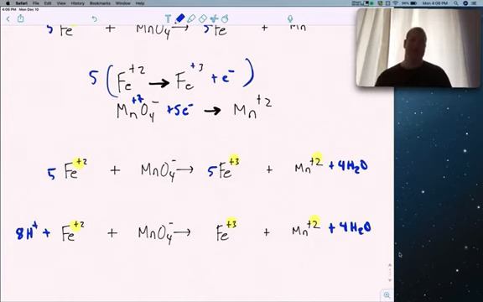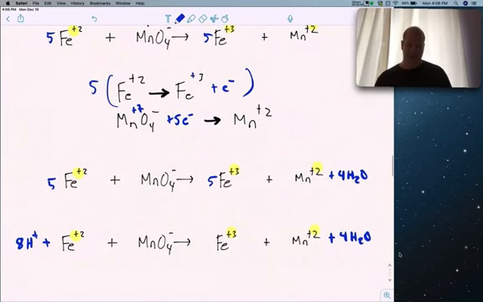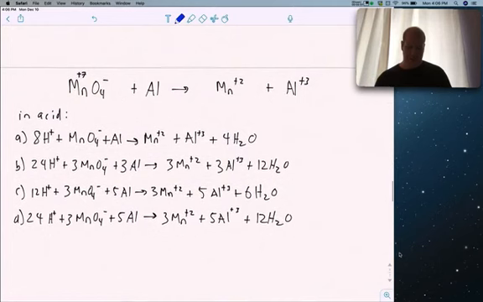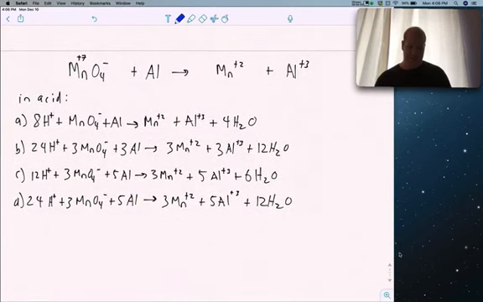So now we have everything balanced. We have the electrons balanced, we have the oxygens balanced by using waters, and we have the hydrogens balanced using the H pluses. Okay? So why don't you try it with this one?